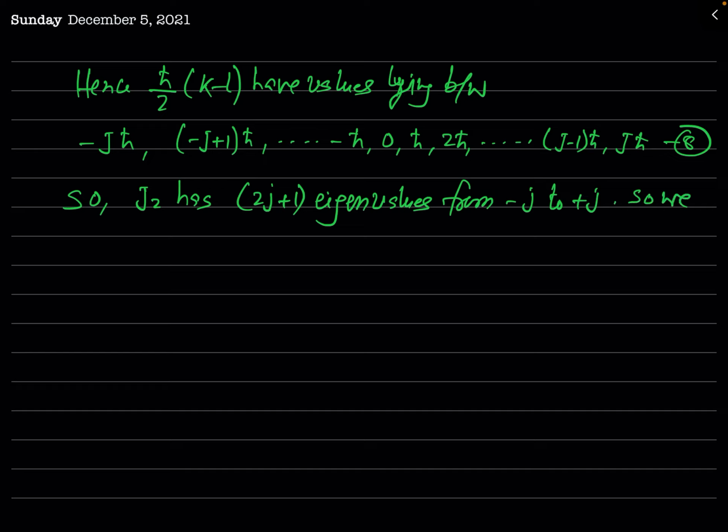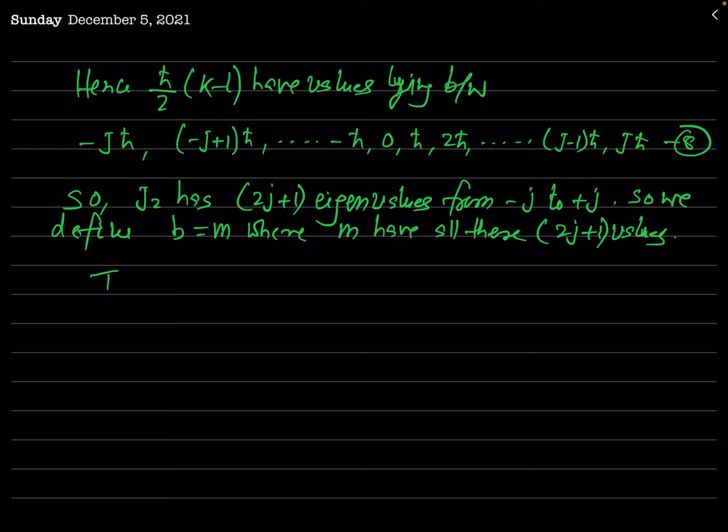So we define B equal to m, where m has all these 2j plus 1 values.